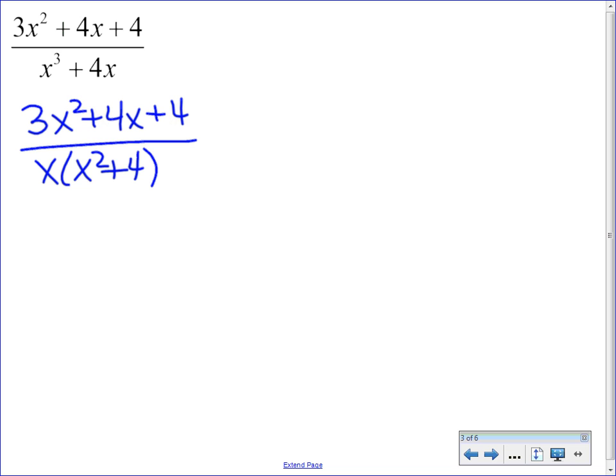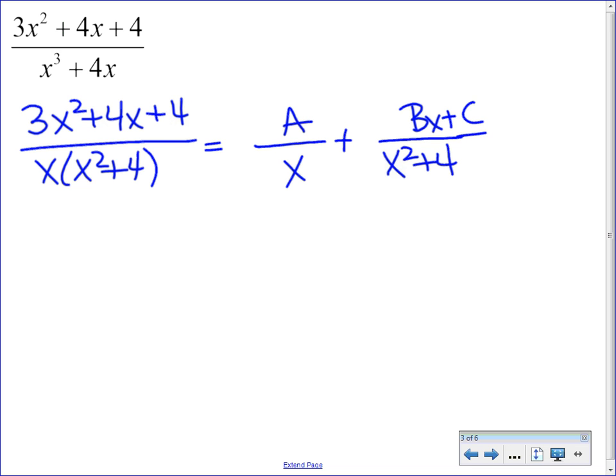If we set that equal to 0, we get imaginary roots, right? So we have only two factors. We have x, which is linear, and we have x squared plus 4, which is quadratic. So we need a linear upstairs.